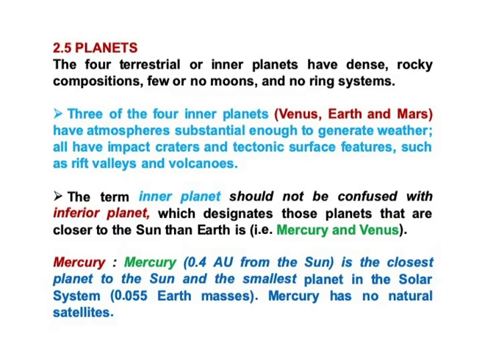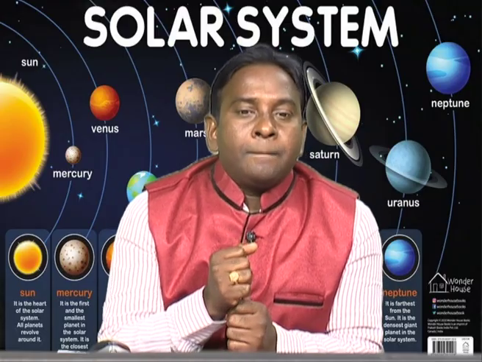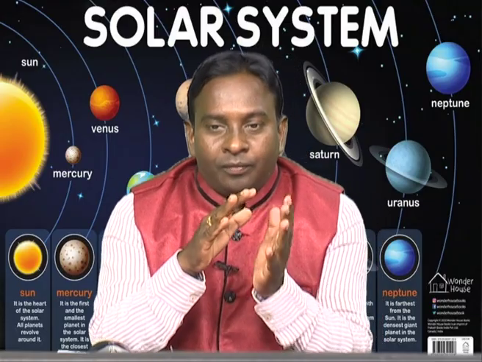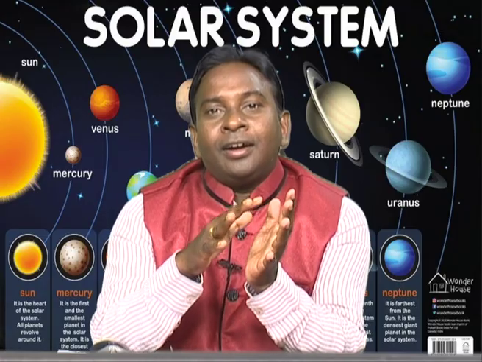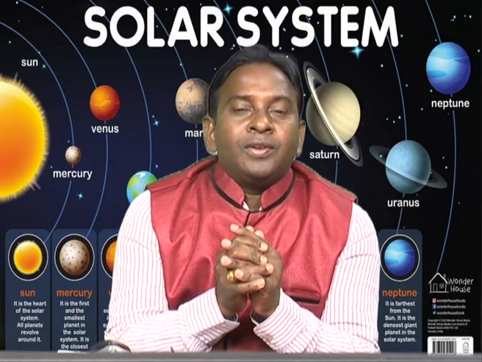The next term is inner planets. Inner planets should not be confused with inferior planets, which designate those planets that are closer to the sun than Earth, very close to the sun. Those are Mercury and Venus.